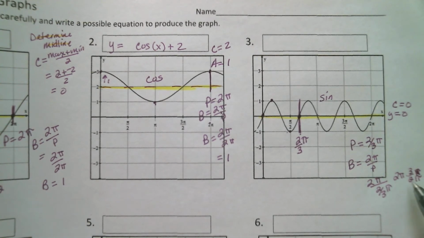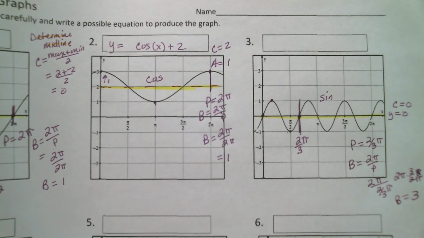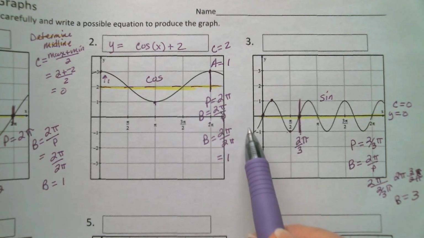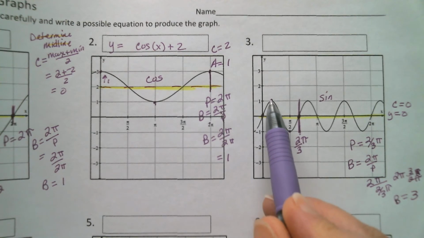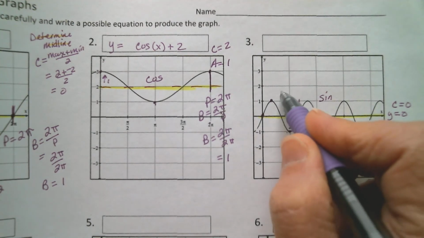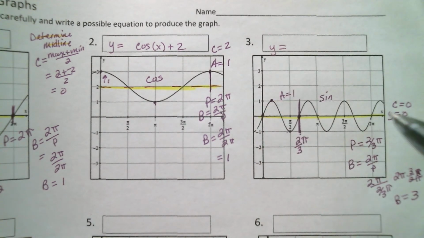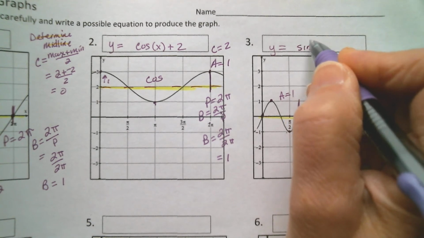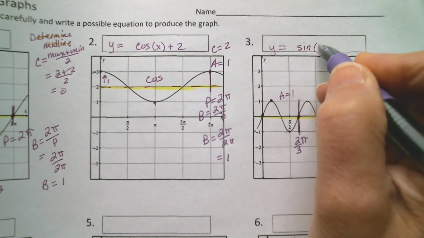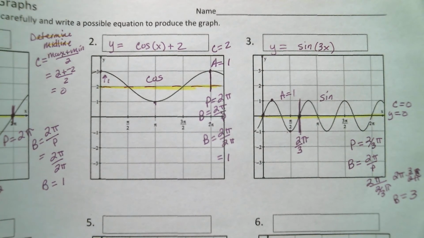All right, so the 2 pi's divide out, so b equals 3. And what is a? That's the only thing we're missing. From the midline, we go 1 above to reach the max. So a is 1. So y equals 1 times sine 3x plus 0. So y equals sine 3x.